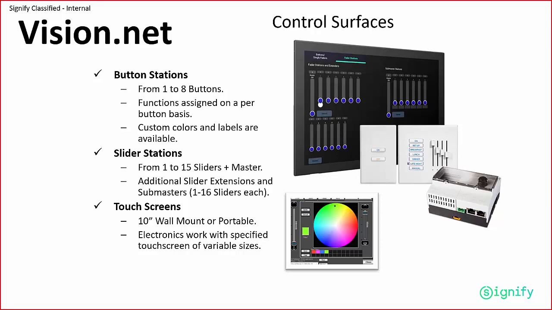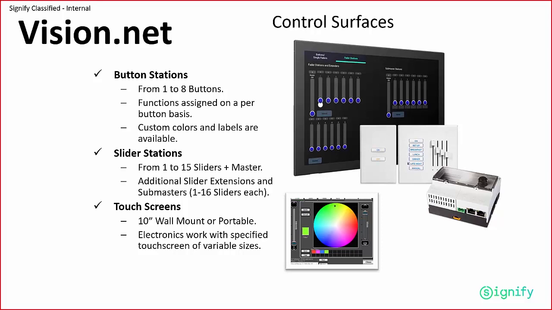Then you could specify, for example, a 19-inch touchscreen that might be mounted in an equipment rack in the equipment room, and just use the electronics from the back of it. So there's a lot of flexibility with this system.